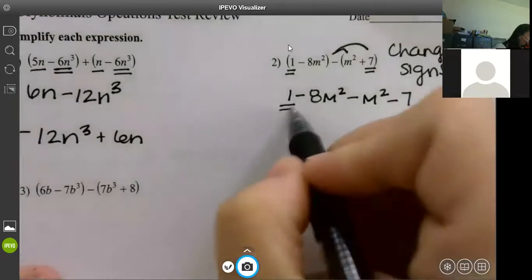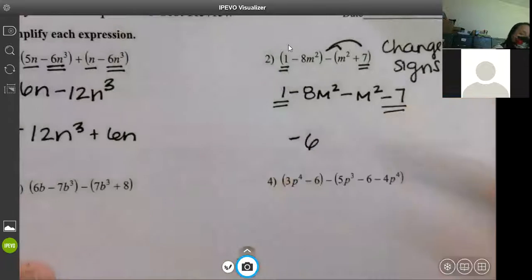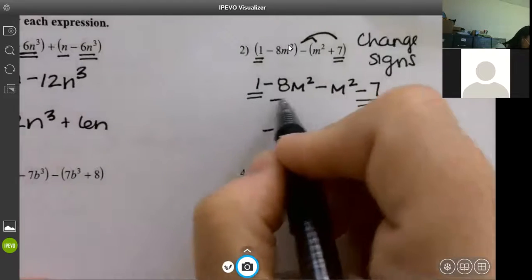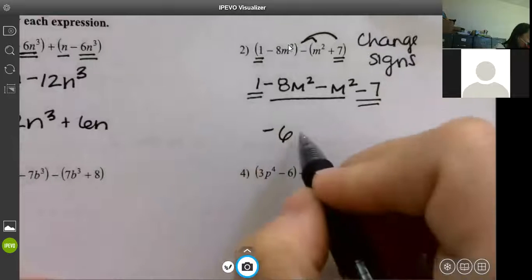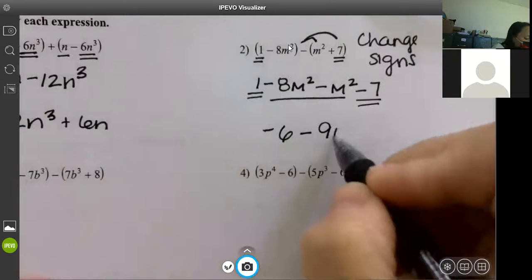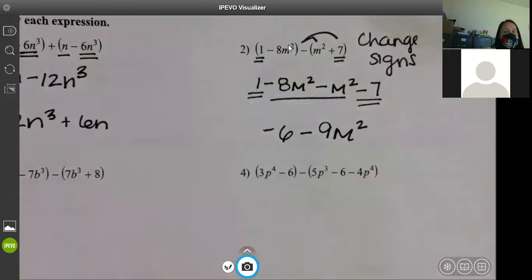Add your like terms now. 1 minus 7 is negative 6. And then in the middle, negative 8 minus 1 is negative 9. And m squared made them alike. So that's it. That's all you do.